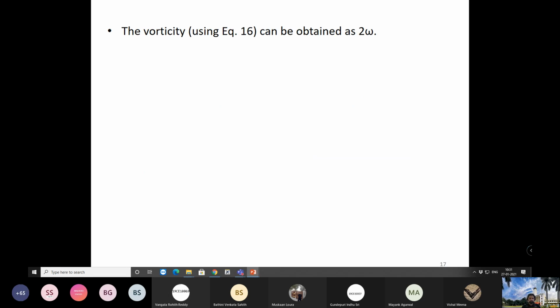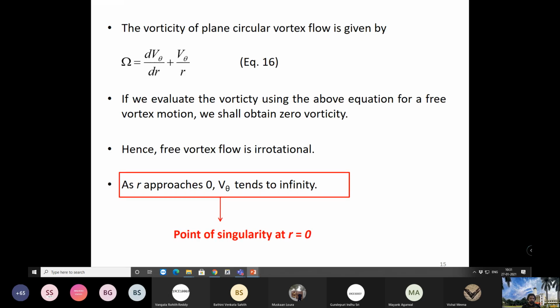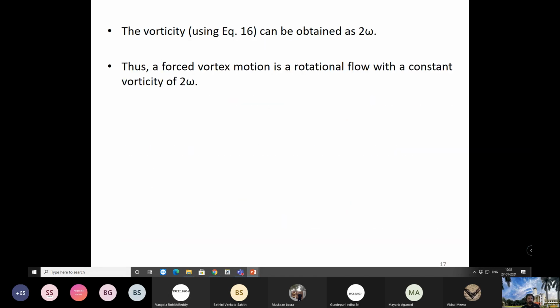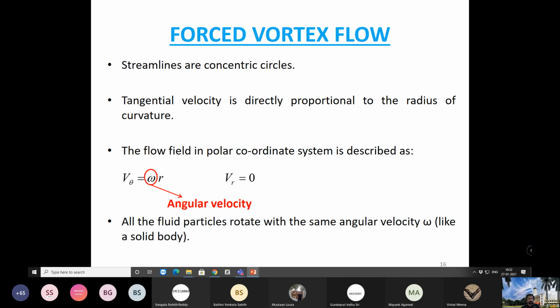Now the vorticity, you remember this equation? This equation 16. We have to find out what this vorticity is for the forced vortex. This vorticity can be written as 2 omega, where omega is the angular velocity. Thus, the forced vortex motion is a rotational flow with a constant vorticity of 2 omega.